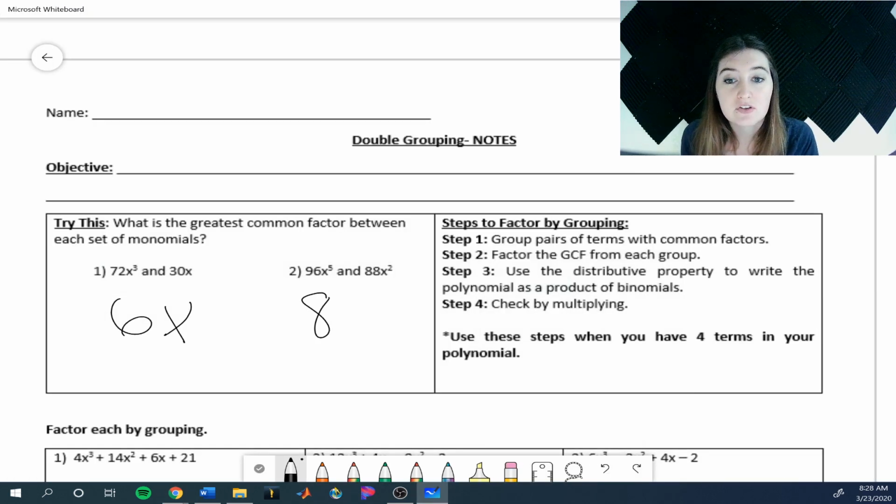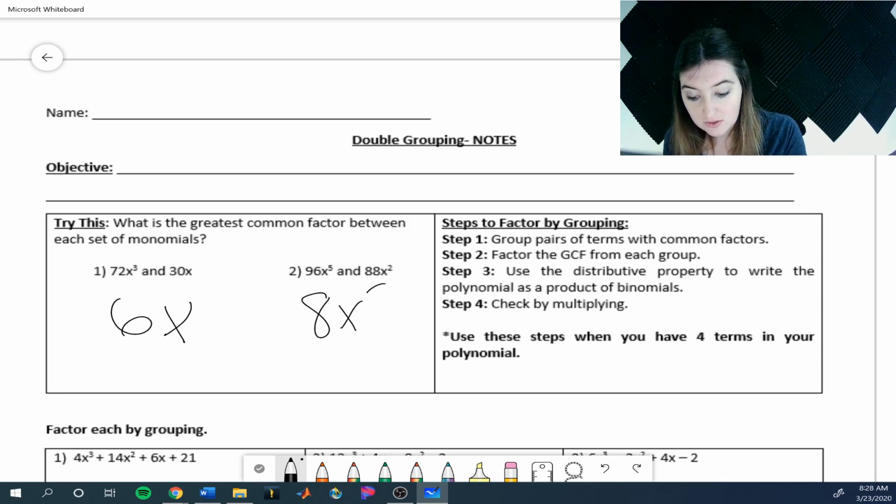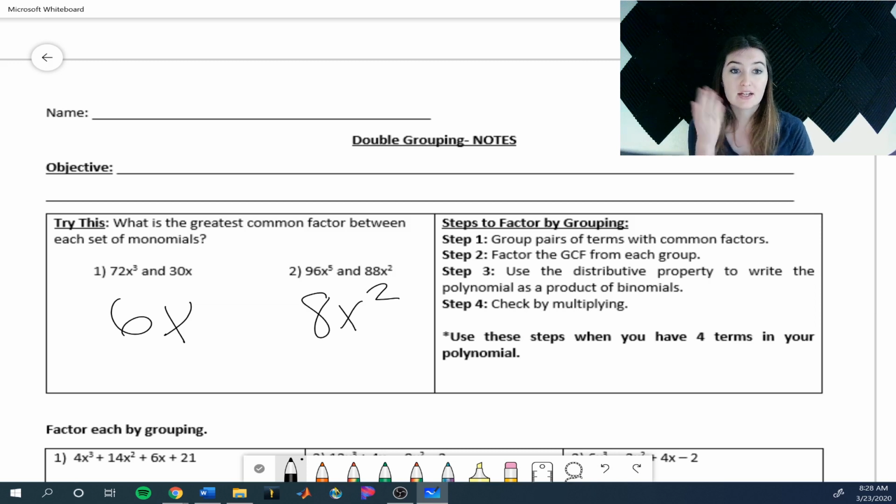Now let's look at our variables. We have x to the fifth and x squared. What do they both have? They both have 2 x's, so that means x squared. Because x to the fifth means I have 1, 2, 3, 4, 5 x's, and x squared means I have xx. They both have 2 x's, so my greatest common factor is x squared.